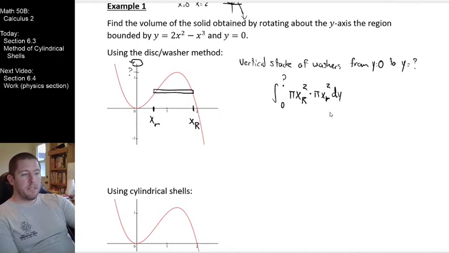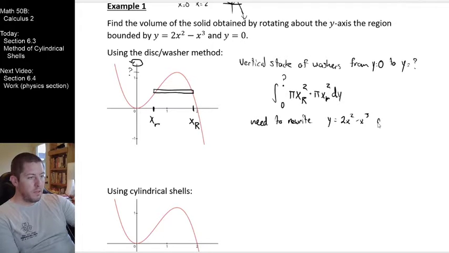So it seems like what we need to do is rewrite y equals 2x squared minus x cubed as an equation for x.